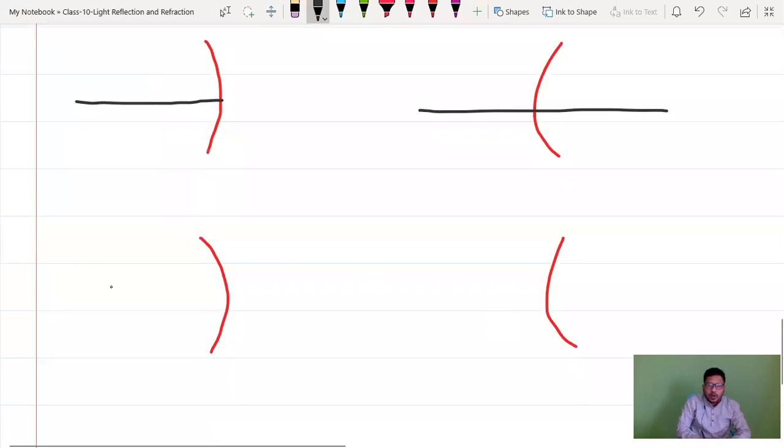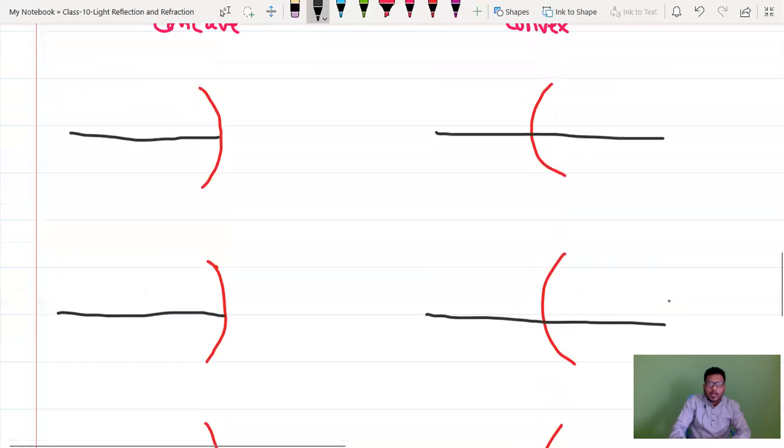You can draw along with me. Concave, convex. Okay, we have to notate points, right? So this one is pole P, this one focus F, center of curvature. Guys, you see here, this is pole P for convex also. This is focus and this is center of curvature. And you see, for convex we will get focus this side also, center of curvature this side also.